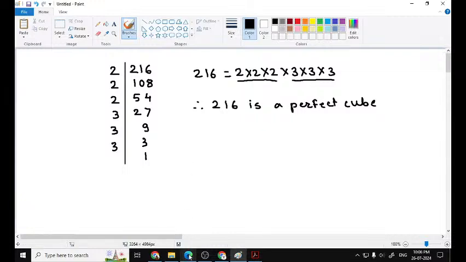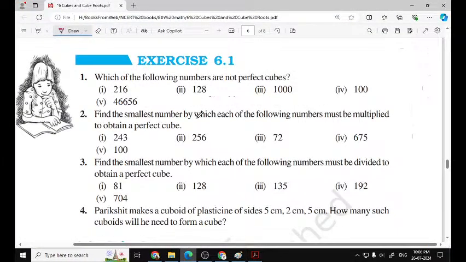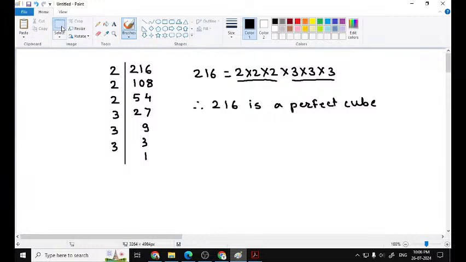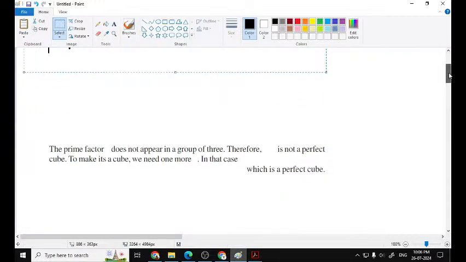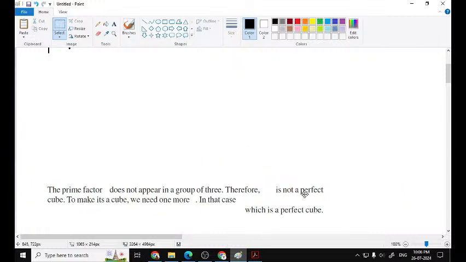Now let us solve the next question, and that is 128. Prime factorization of 128.